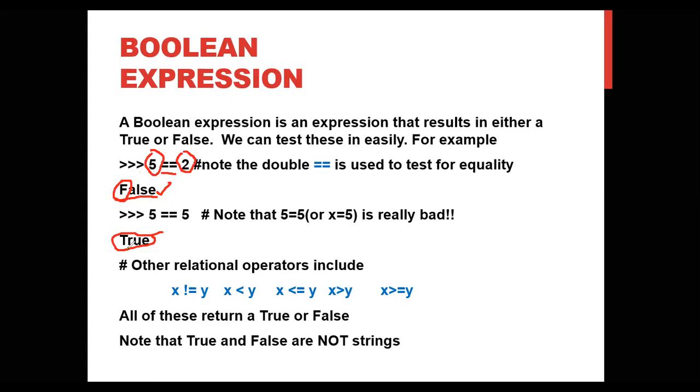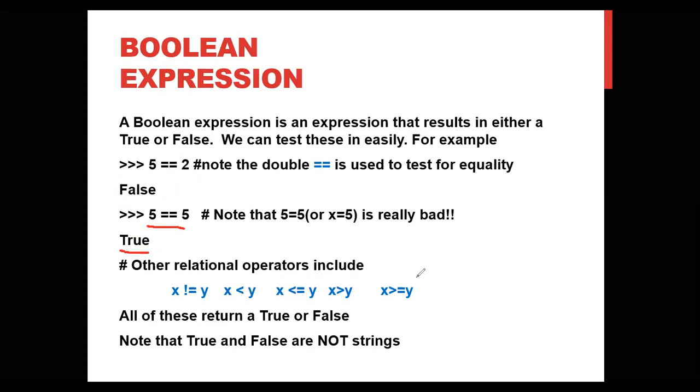In True also, the first letter is uppercase. And one more statement, 5 double equal to 5, is true, so the result of this expression is true.